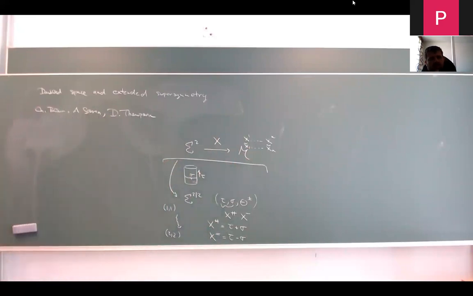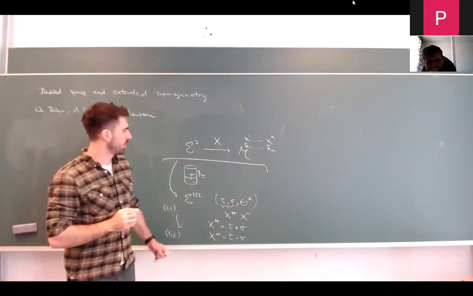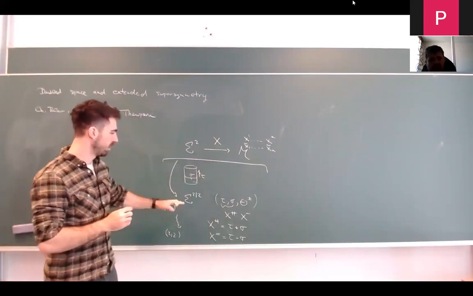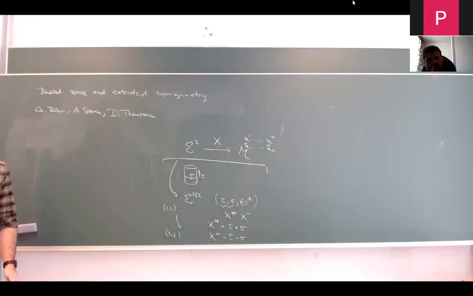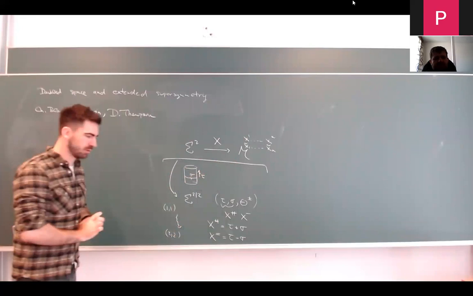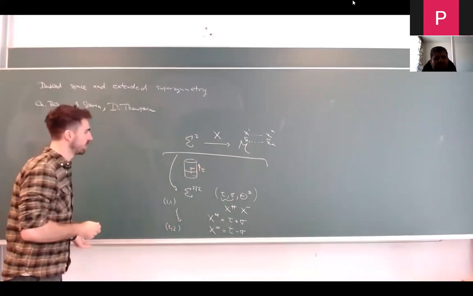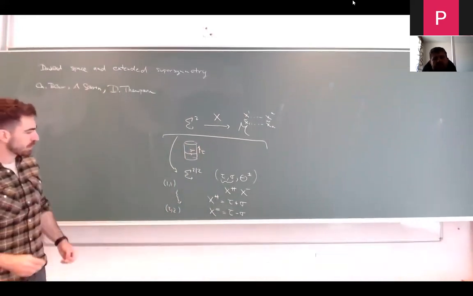So these are two secret symmetries of string theory, which you can make more geometric by extending the target or source. And the natural question is, can you do this together? And if yes, what is the model describing the dynamics of the string?